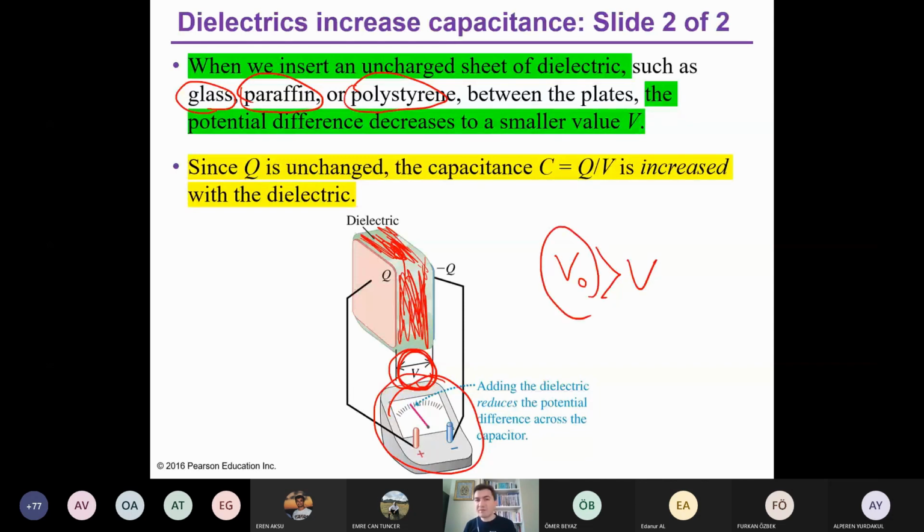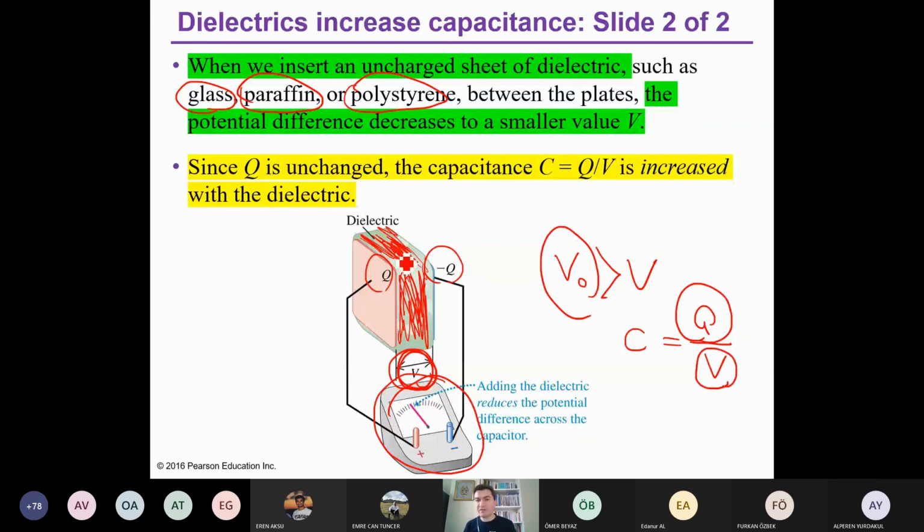Remember the capacitance formula which we learned during the last lecture. Capacitance is given by the charge on the plate over the voltage difference between the plates, right? So the charge Q does not change here. Q is the same with and without the dielectric material, but the potential difference decreases after inserting the dielectric material.